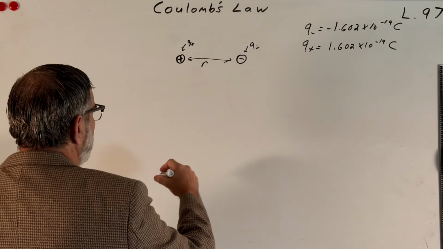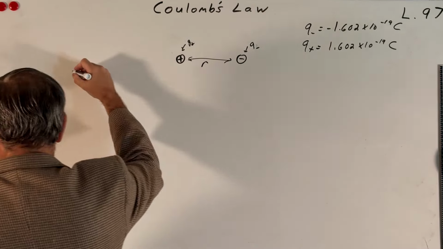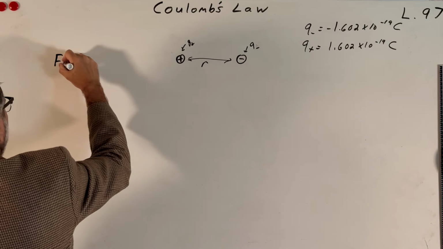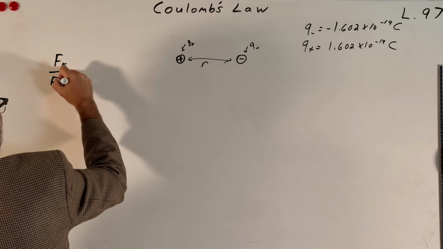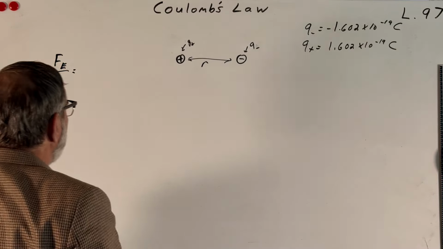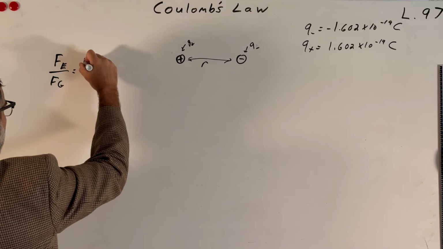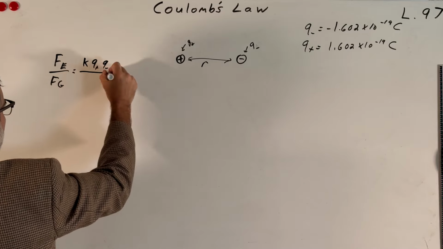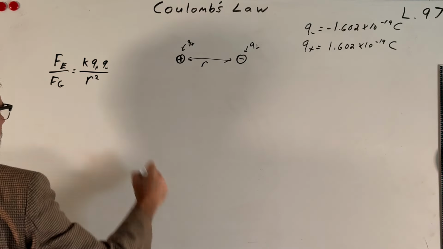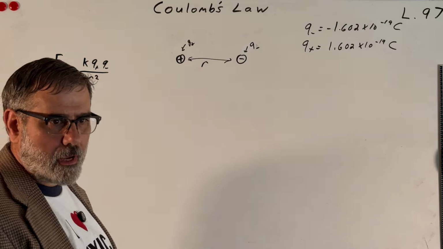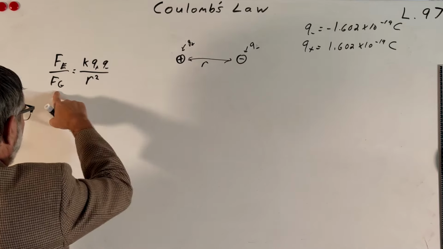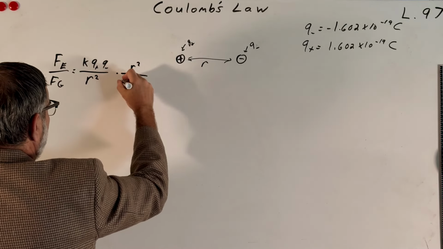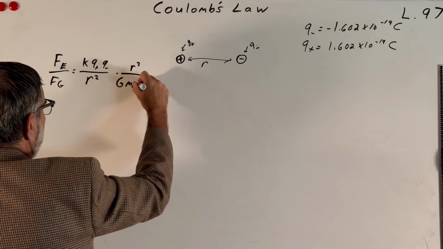We're also going to need masses, because what I want to do is get the ratio of the electric force divided by the gravitational force. So I'm going to need K Q plus times Q minus over R squared, the distance that separates them squared, and then divide by the gravitational law, which is like multiplying by R squared over big G M1 M2.